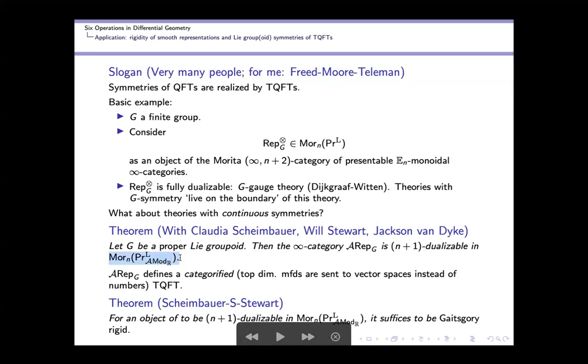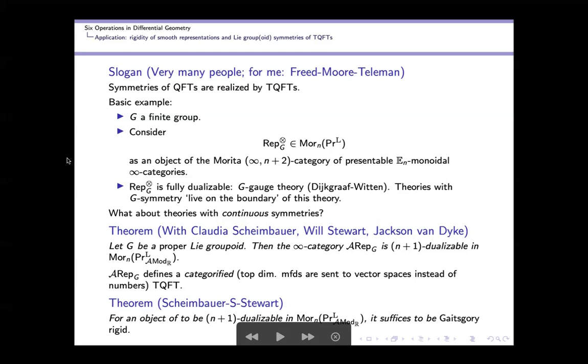Yes, exactly. So this slide is the impetus for a lot for this project. In physics, in quantum field theory, in particular in the field of topological quantum field theory, you look at functors from bordism categories or higher bordism categories to some linear target, some category of vector spaces.